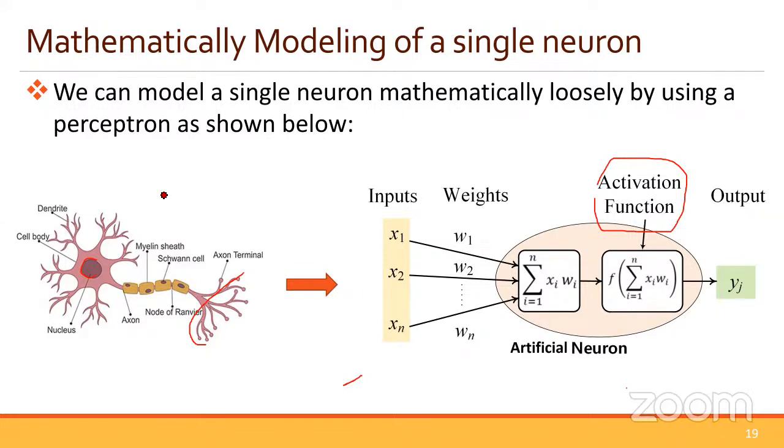This is how the neural network works. We can model a single neuron mathematically, loosely, by using the perceptron as shown here. We use the inputs, a certain weight on each input, and a transfer function or activation function, from which we get the output.